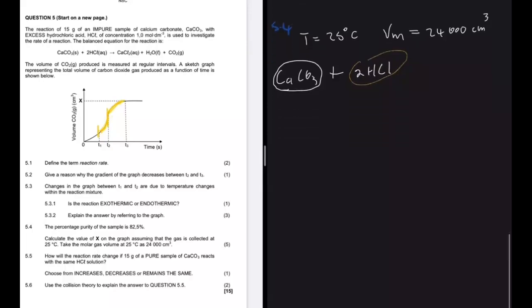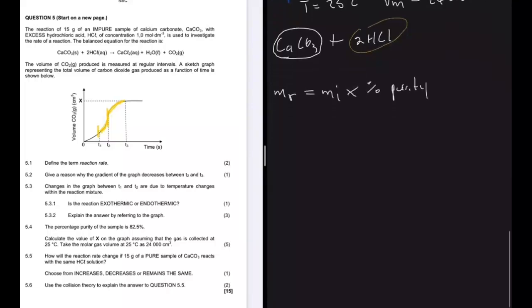So we're going to start by calculating the number of moles of calcium carbonate, because we have the mass and the percentage purity. So the first thing we're going to do is say that the mass that reacted equals the initial mass multiplied by the percentage purity, right?